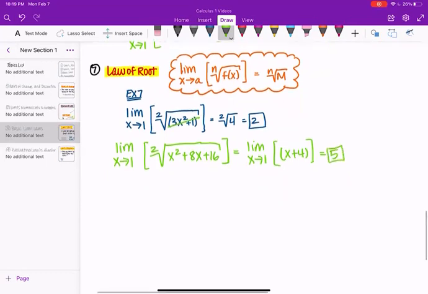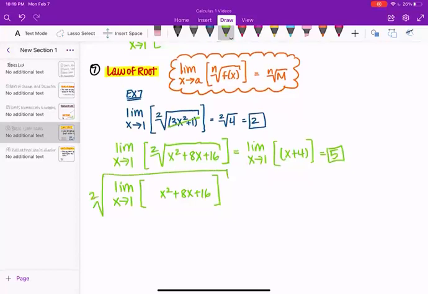Now if I were to do it the other way, where I have the limit as x approaches 1 of the square root of x squared plus 8x plus 16, what I should be able to do is take the limit of that function and then square root it, right?